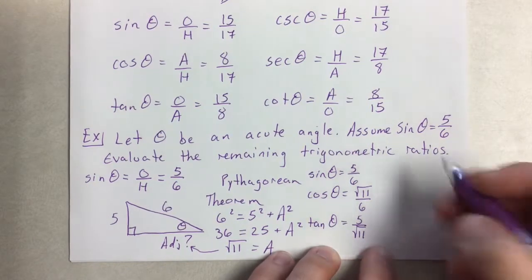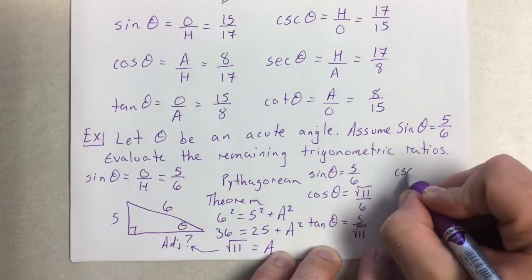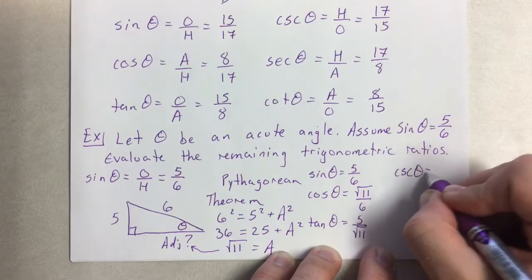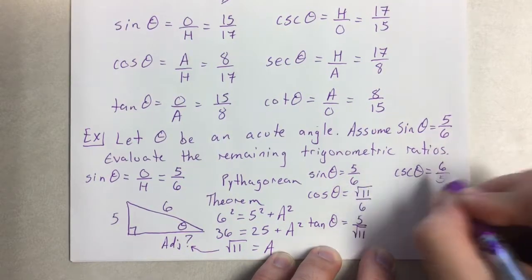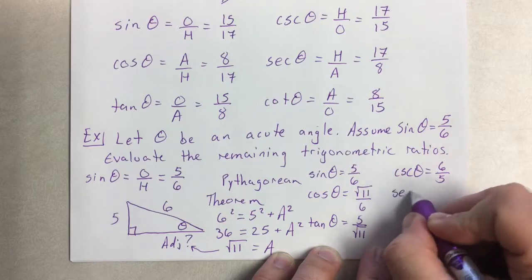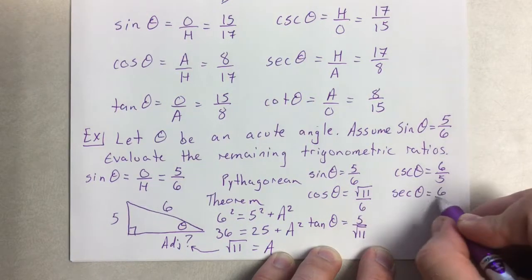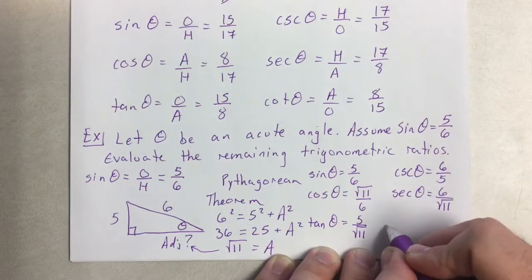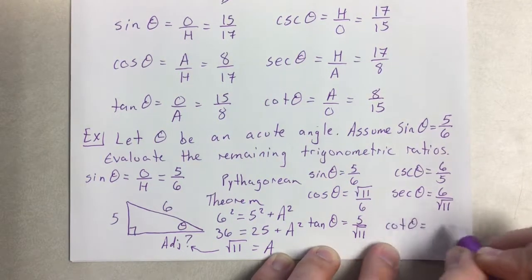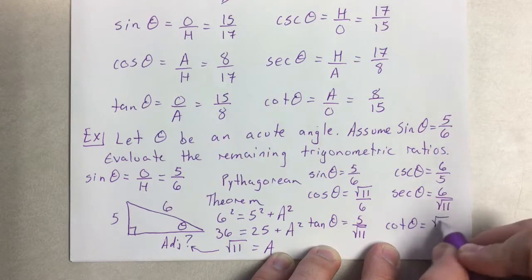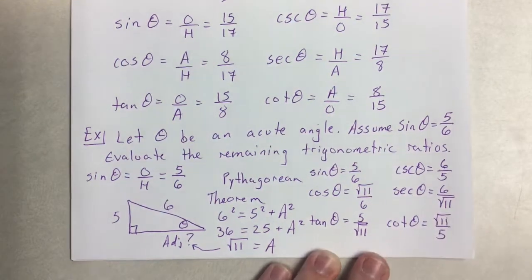And then we have cosecant, and then secant, which is the reciprocal of cosine, so 6 over the square root of 11, and then cotangent, which will be the square root of 11 over 5.